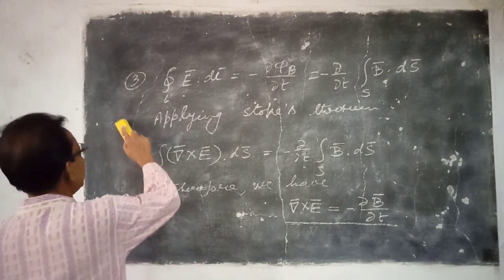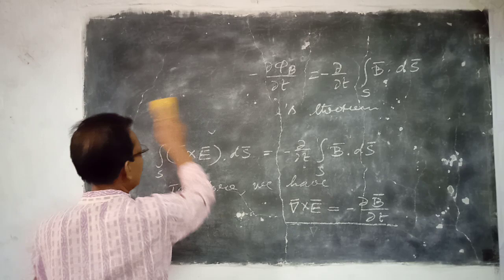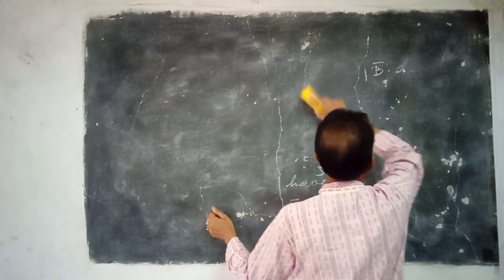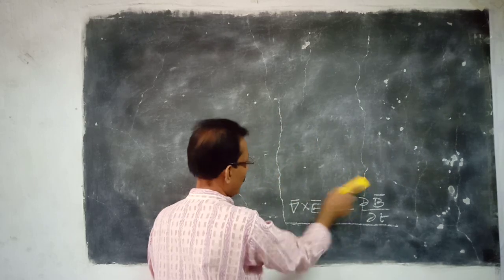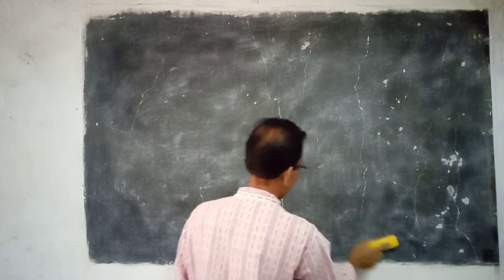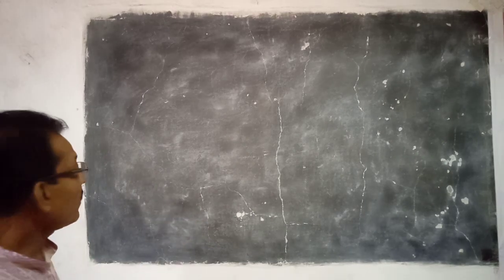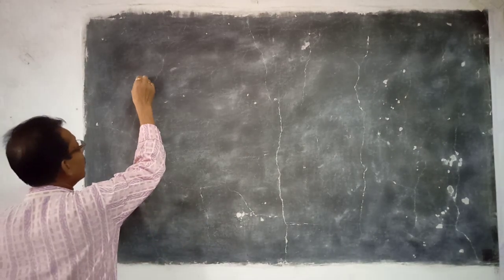Now the fourth equation is our Ampere's law. Now see what is the problem in the Ampere's law as stated by Maxwell.